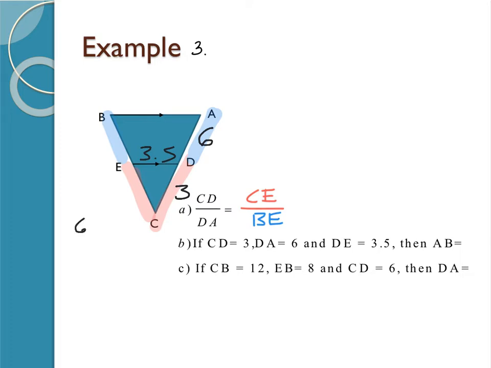Perfect. So 6 over 3 is equal to x over 3.5. And the reason why it's x over 3.5 and not 3.5 over x, because this is x, AB is x. That's what we're trying to find. So this is part of the big triangle, this big triangle. And since 6 is part of this big triangle too, and 6 was on top, we need to keep x on top.